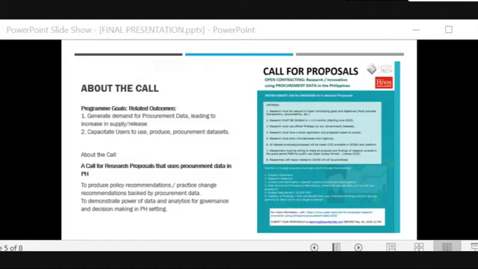So lahat ng ito ay related sa COVID-19. Now, the selected teams, we awarded them micro grant plus technical support na rin. And what you will be seeing today are the research findings of the researchers here in Bicol region.